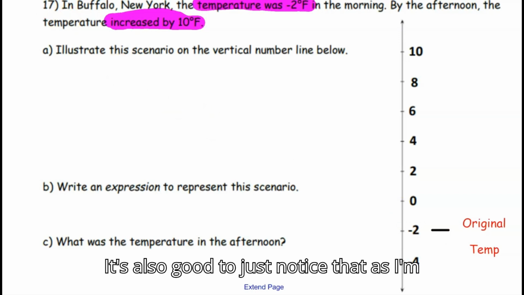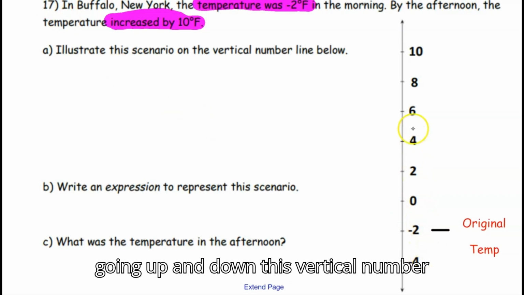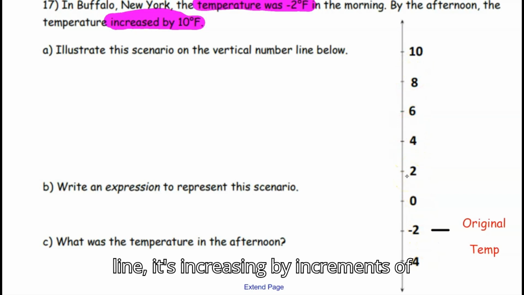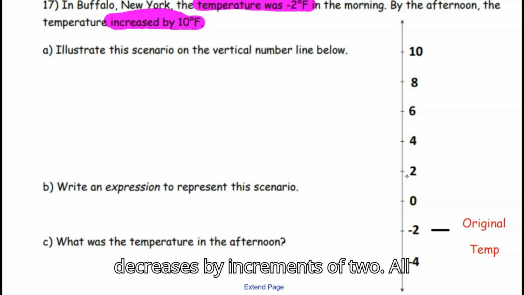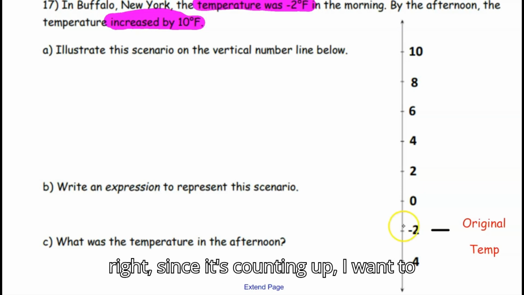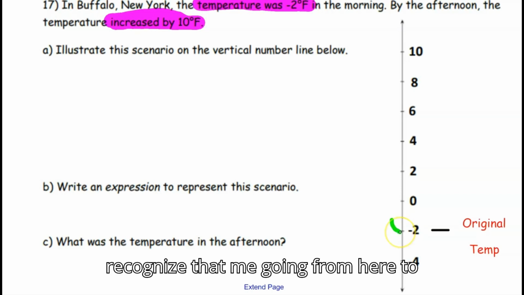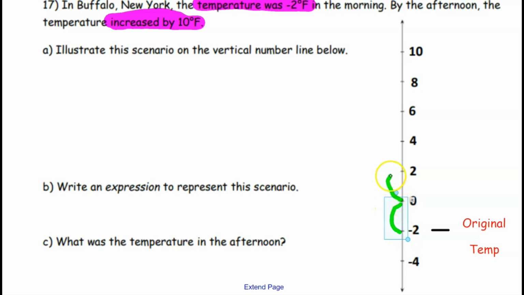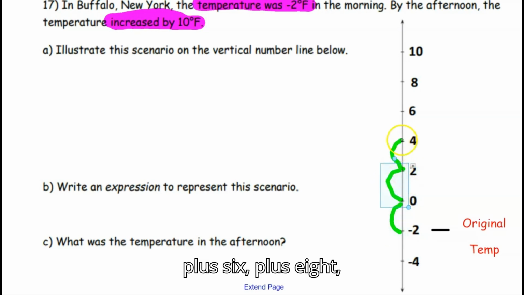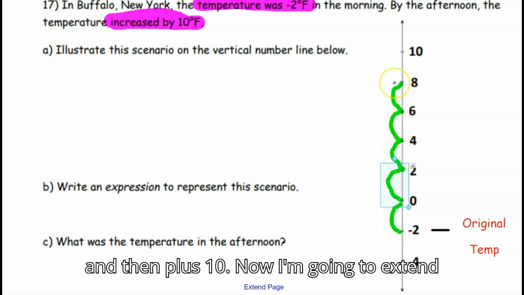It's also good to notice that as I'm going up and down this vertical number line, it increases by increments of 2 as I go up, and it decreases by increments of 2. Since it's counting up, me going from here to here is plus 2. Here, plus 4, plus 6, plus 8, and then plus 10.